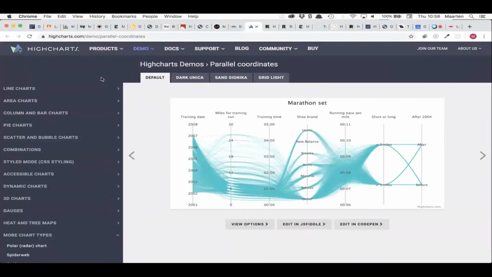So for example, we have the training dates. This is the first column, the miles run for each training, the training time, the shoe brand they used, the running pace per mile. So many different columns from the data shown at once, and each line represents one specific run.